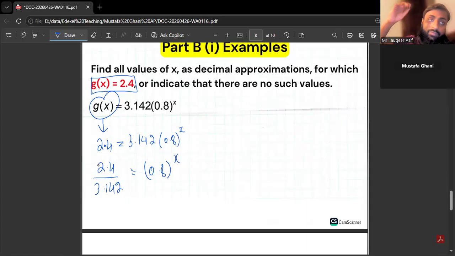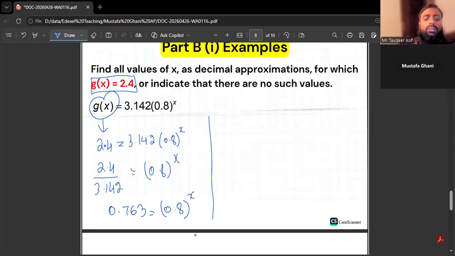Sir, 0.763. So 0.763 equals 0.8 to the power x. And then what should be the next step?